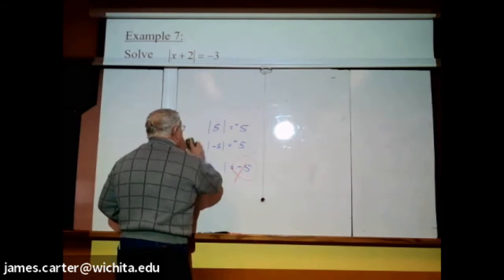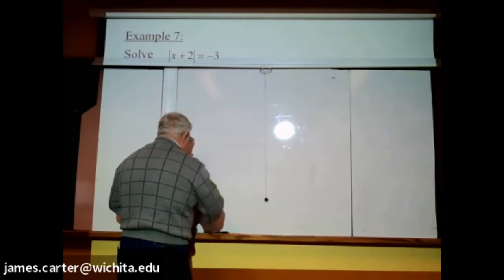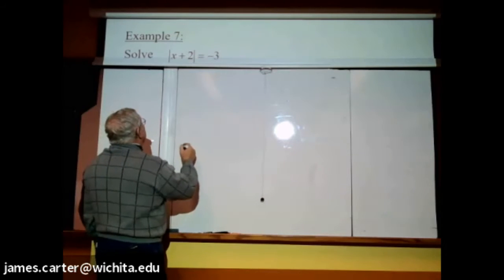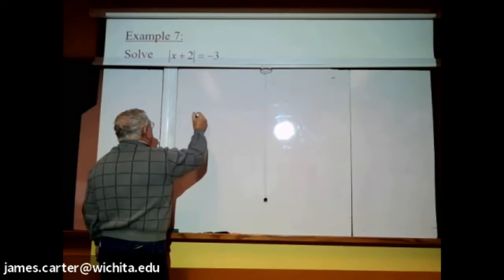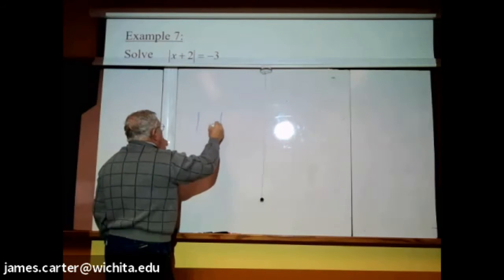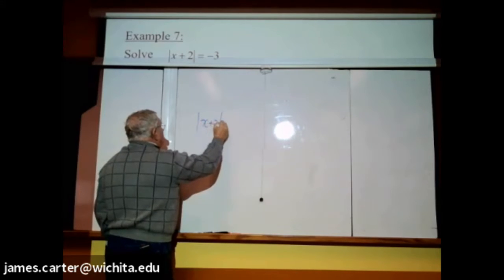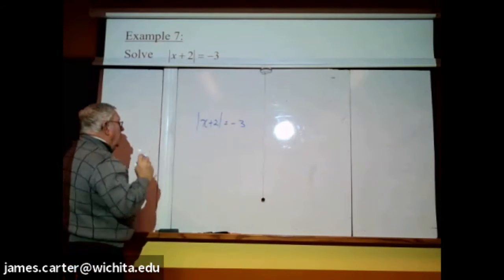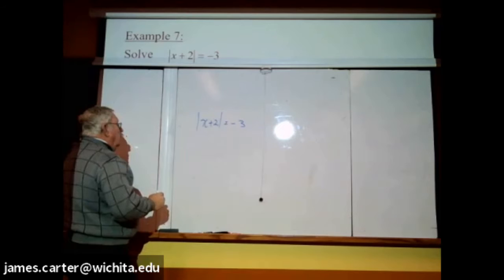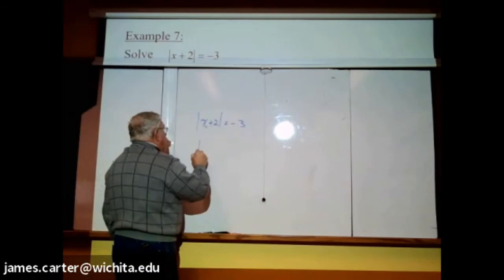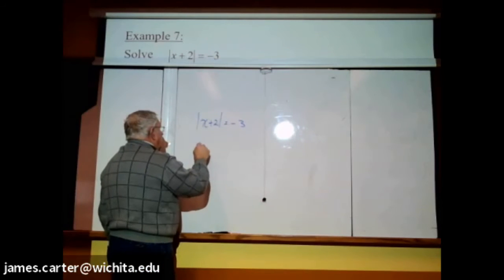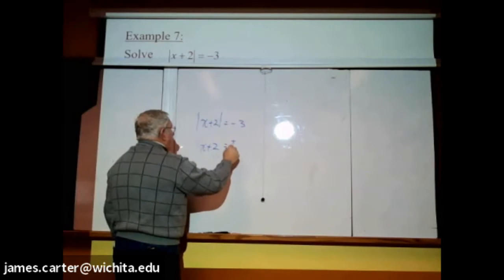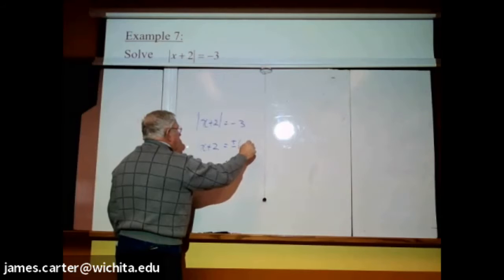Now let's look at a problem. The absolute value of x plus 2 equals negative 3. What if we didn't recognize that? Okay? Well, if we tried to get rid of these absolute values, we're going to have a plus or minus negative 3.